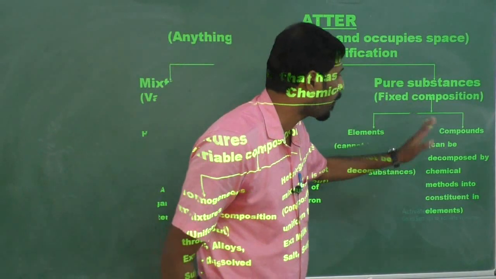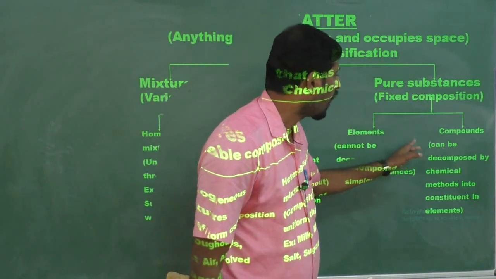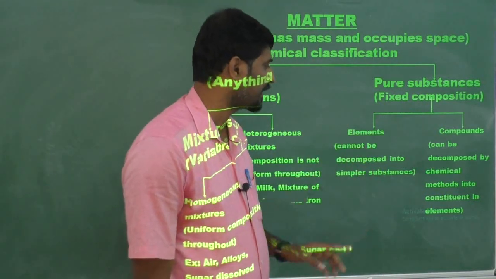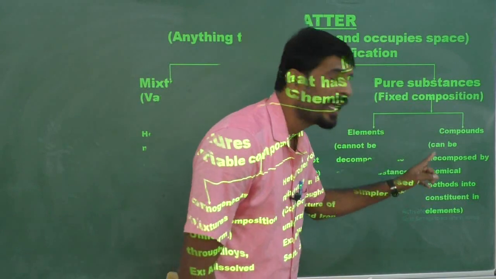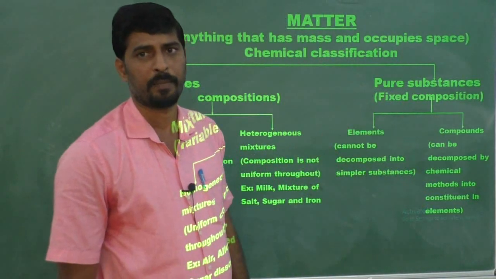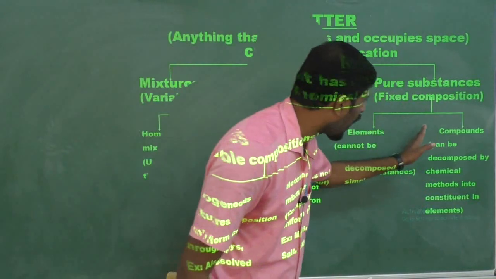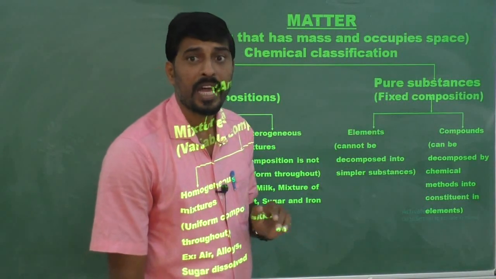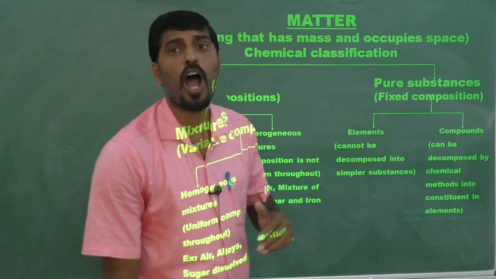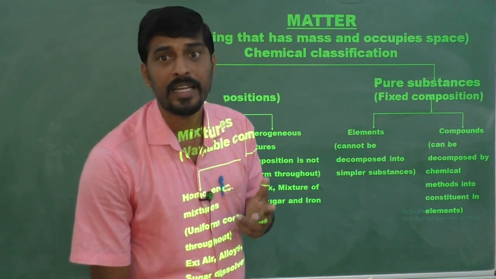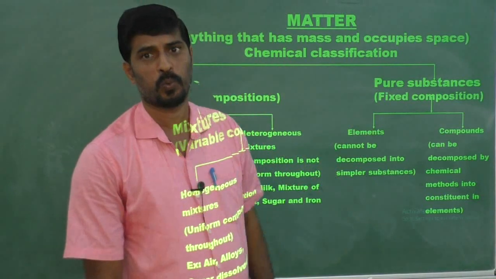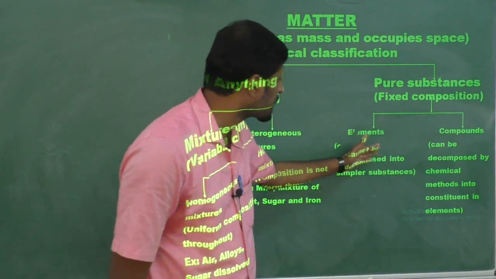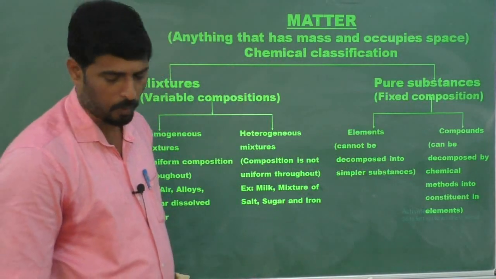Next, we move on to compounds. Compounds can be decomposed by chemical methods into their constituent elements. Compounds are also pure substances, made up of two or more elements in a fixed ratio.